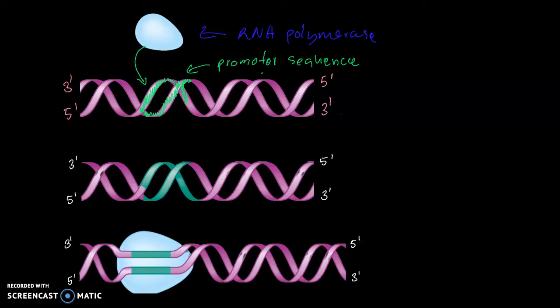Now, the one that goes from 3' to 5' is known as the coding strand. It's called the coding strand because it contains the codons that basically are able to give rise to amino acids. The one that goes from 5' to 3' is known as the template strand.